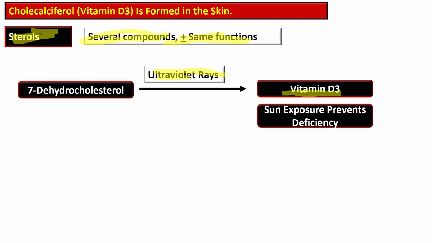This ultraviolet ray wavelength is 290 to 315 nanometer, ultraviolet B rays, and the resultant product is vitamin D3 or cholecalciferol. This is a pre-hormone or inactive form of vitamin D.